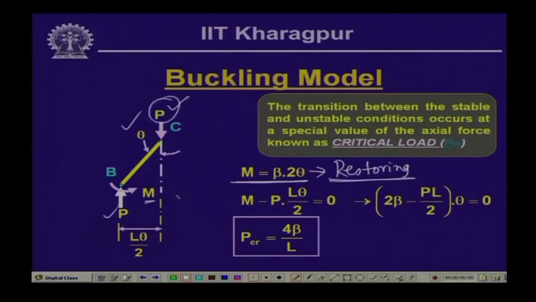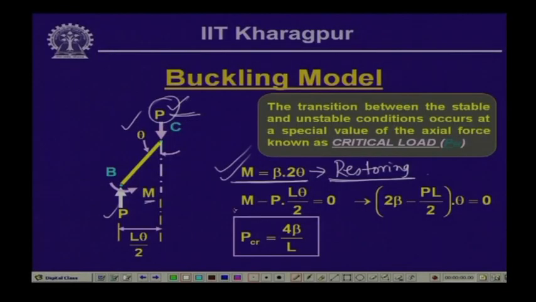If P is small, if the restoring moment is larger than P, it will come back to its original position, and thereby the column is a stable member if the disturbance is removed. But if this restoring moment becomes smaller than P, or P becomes larger than this restoring moment, the member is going to collapse. So at the point when P is at the boundary between the stable and the unstable state, the load is just equal to the restoring moment.